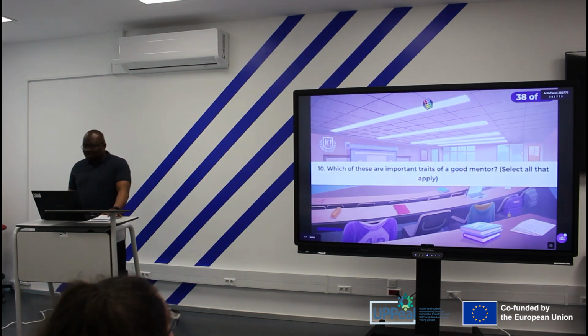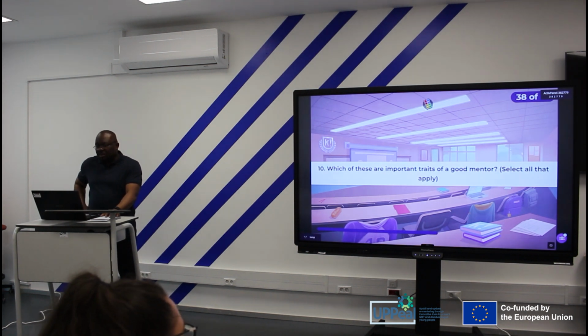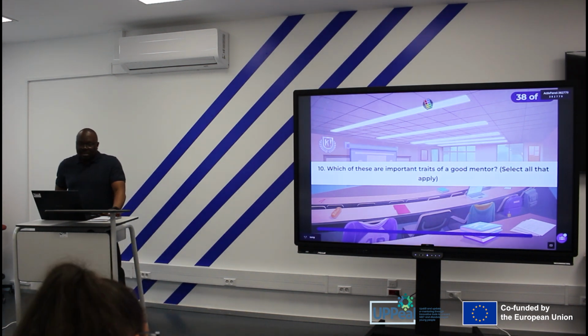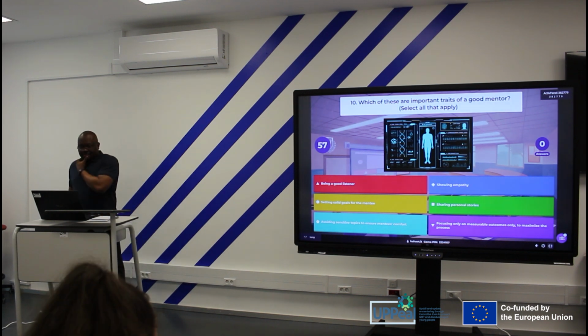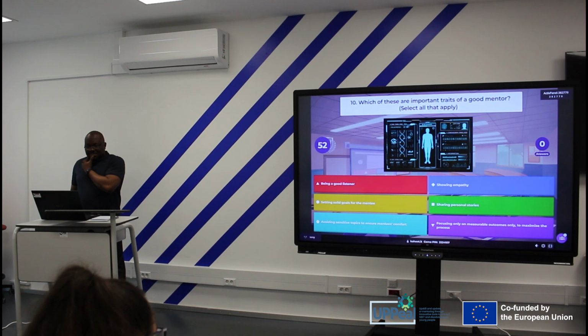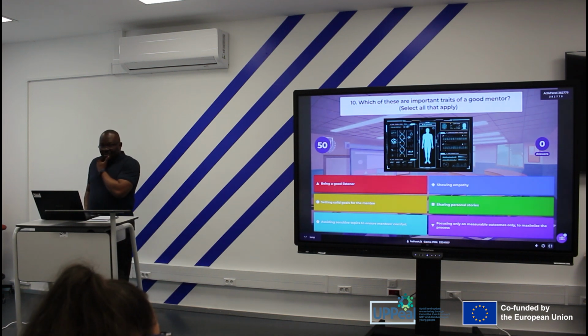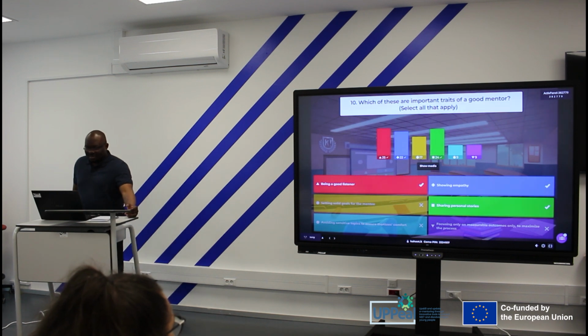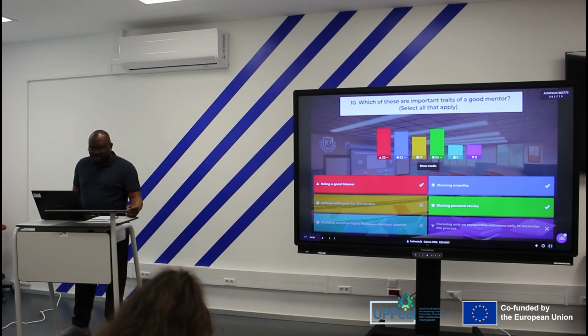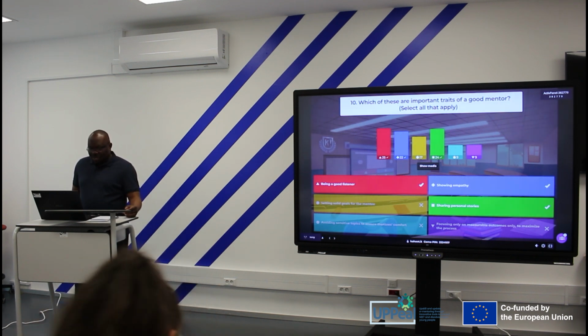Same thing, multi-choice. I hope I did this one right. Which of these are important traits of a good mentor? Select all that apply. Please be right. Wow, okay.